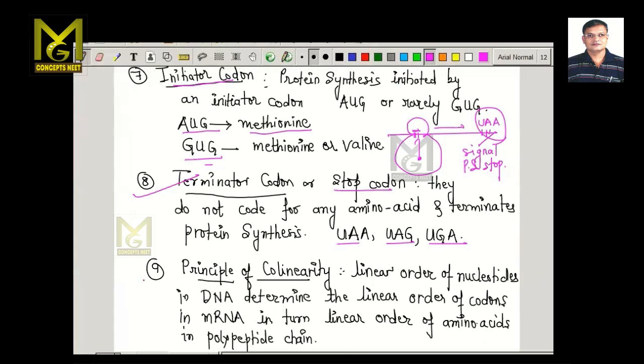Next is the principle of collinearity. If this is a DNA and these are the nitrogenous bases, it transcribes and gives rise to RNA, and this RNA gives rise to amino acids.